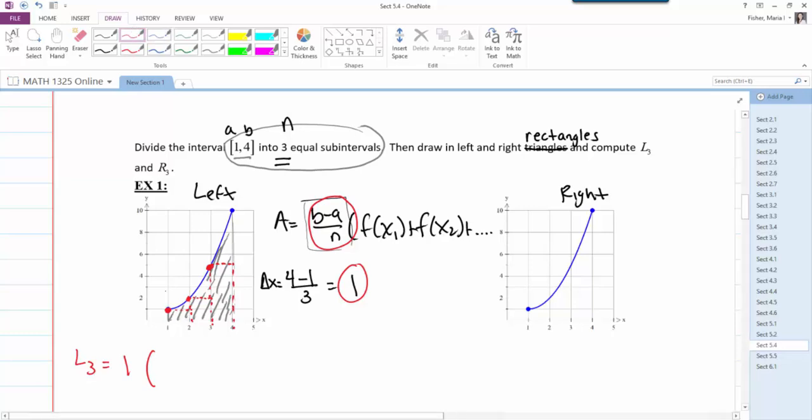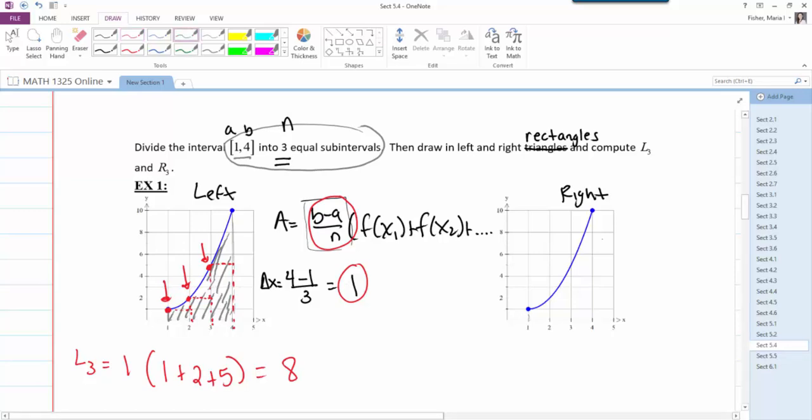So I need to figure out what is this y value, what is this y value, and what is this y value. Well, f of 1, it looks like, is equal to 1. f of 2 is equal to 2. And f of 3 is equal to 5. So the area using my left endpoints is equal to 1 times 1 plus 2 plus 5, and that's equal to 8.